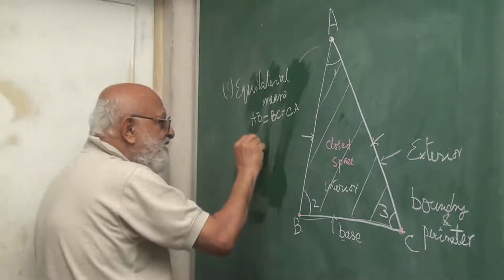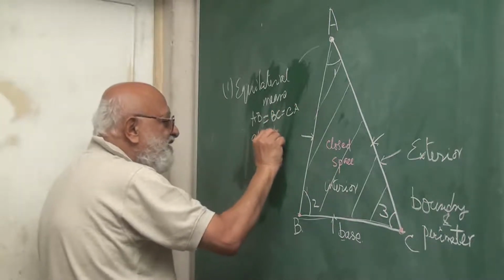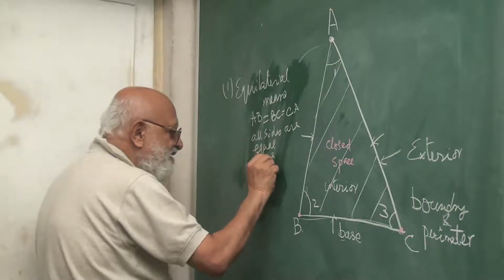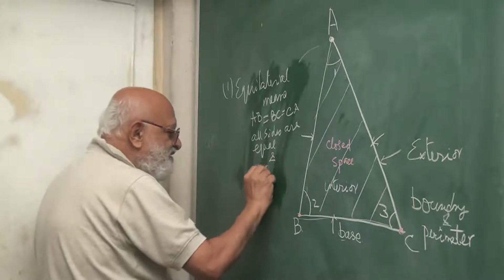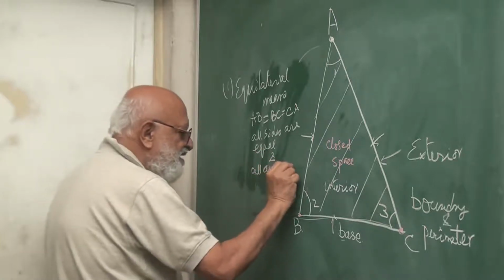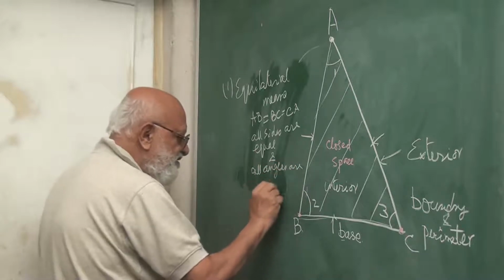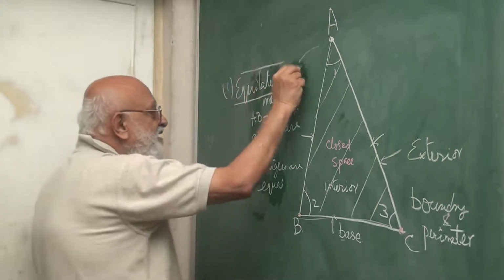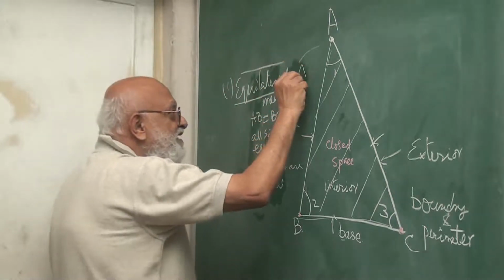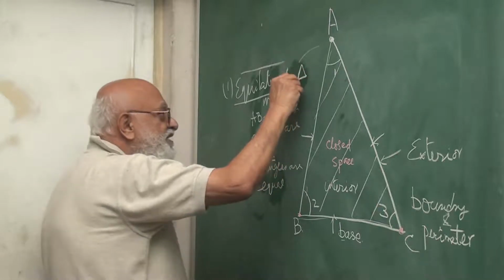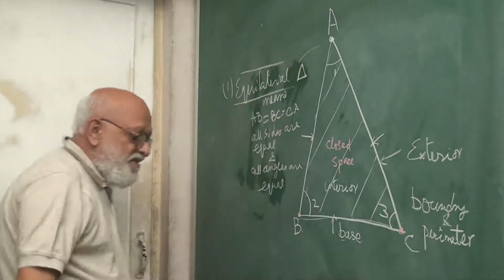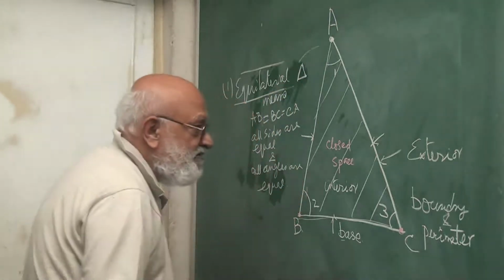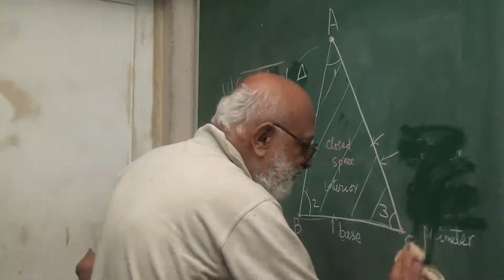So all sides are equal and all angles are equal. Okay, that is an equilateral triangle. And the sign of a triangle is a very small triangle. Whenever we talk about a triangle, we will put up this particular sign.